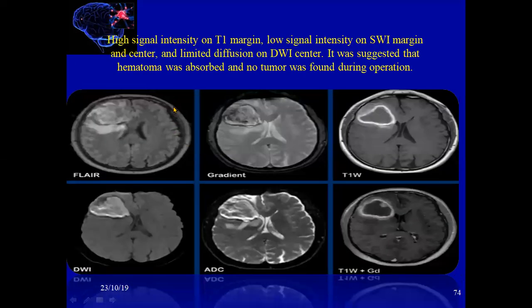There is high signal intensity on T1 at the margin and low signal intensity on SWI, and the margin and the center show limited diffusion on DWI. It was suggested that this is a resorbing hematoma, and no tumor was found during the operation.